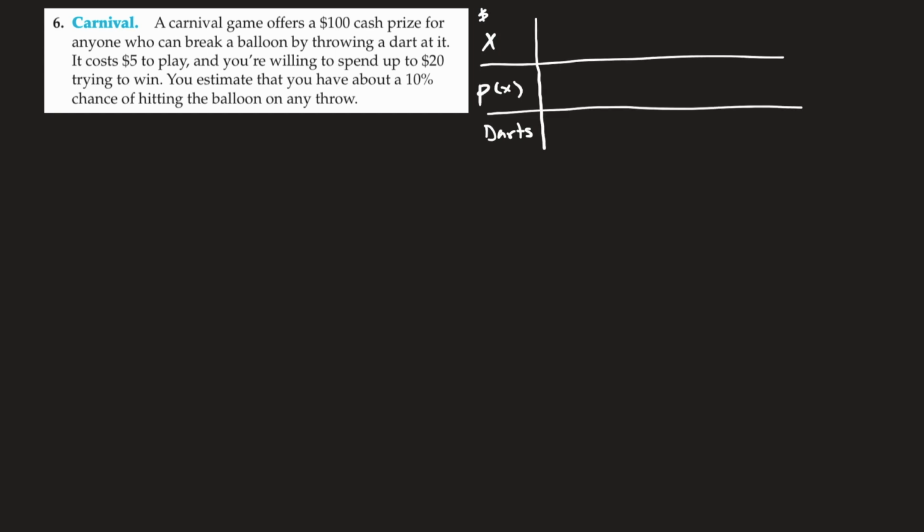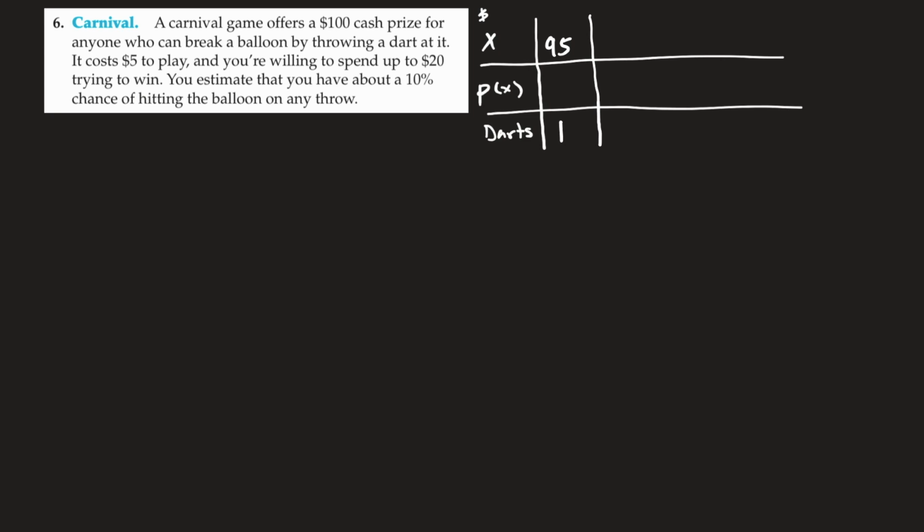Anytime something talks about you having to pay, it costs to play the game, we have to keep that in consideration when talking about winning prizes. So for the first dart, I'm really only going to win $95. It's a net profit because I spent $5 for the dart and they gave me $100 to win the game. That means I'm really only going to have $95.